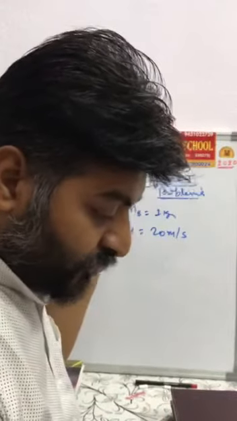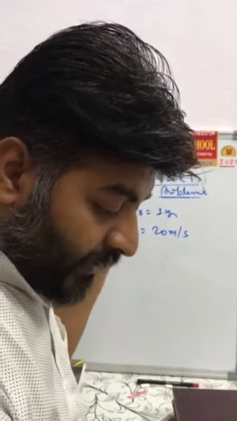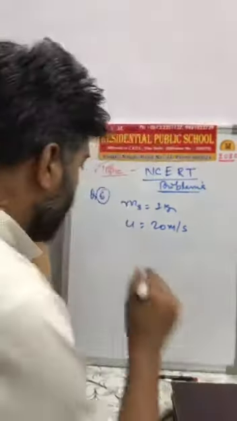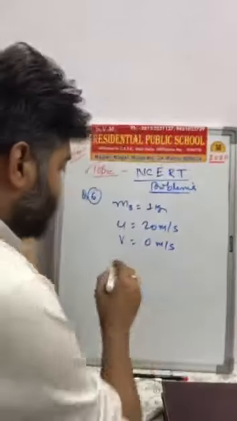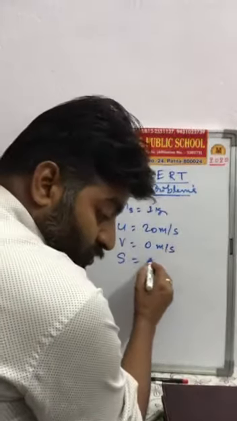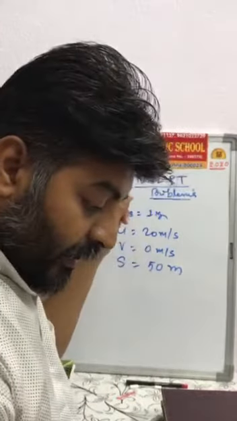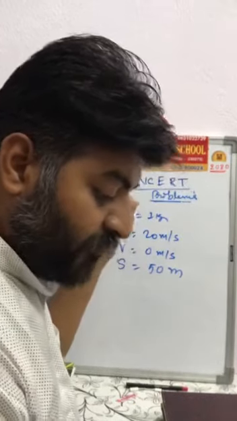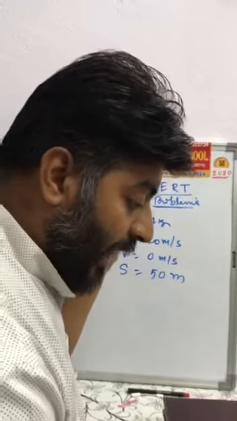It comes to rest, so the final velocity is 0 meter per second, after traveling a distance of 50 meter. The question: what is the force of friction between the stone and the ice?